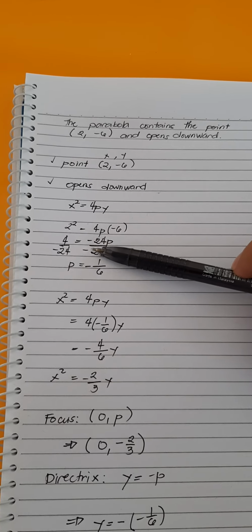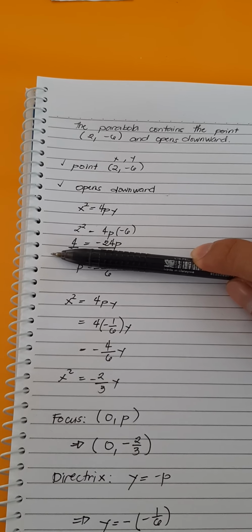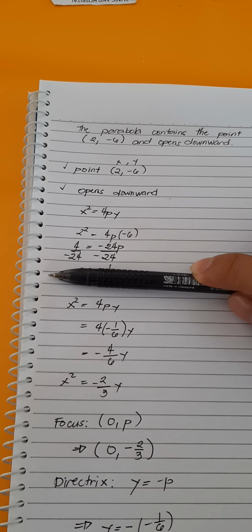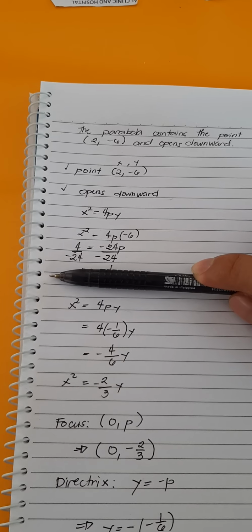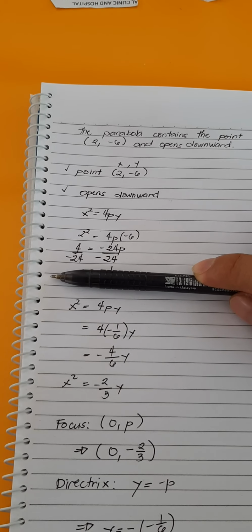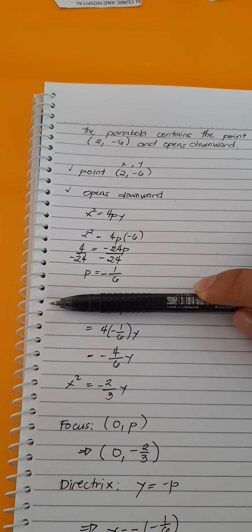So we have negative 24p. And we have to find the value of p, so we have to divide both sides of our equation by negative 24. So we have negative 24p divided by negative 24, and 4 divided by negative 24. So the answer is negative 1 over 6.